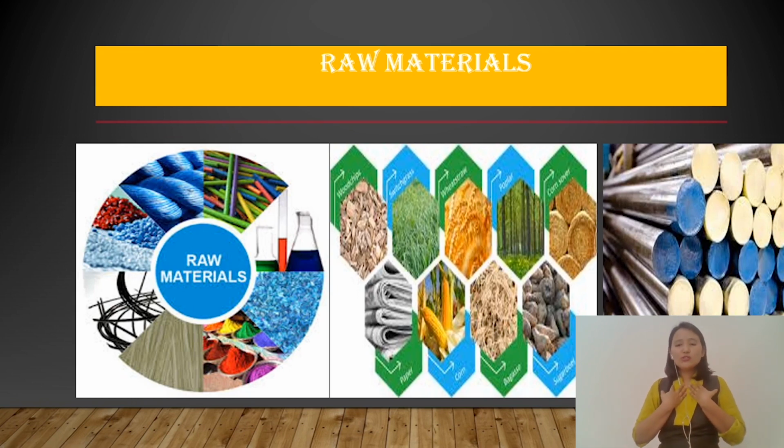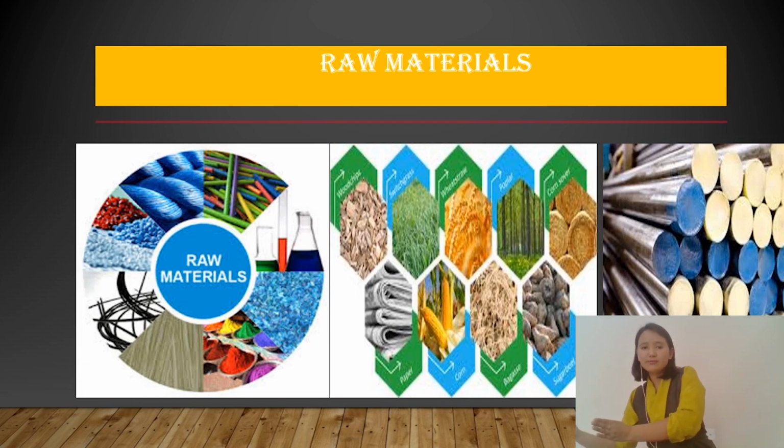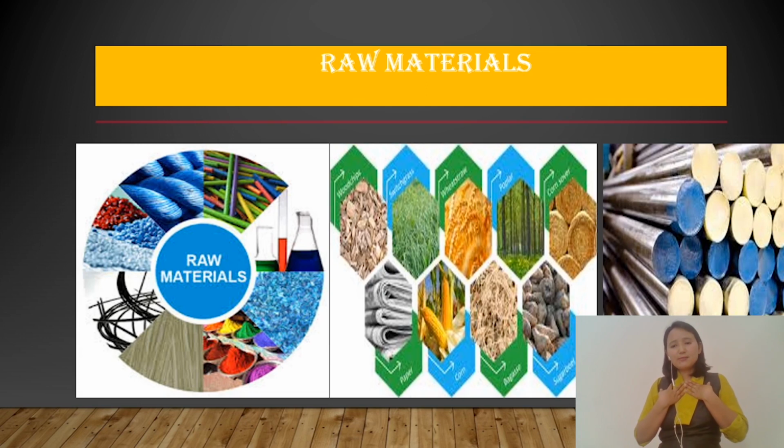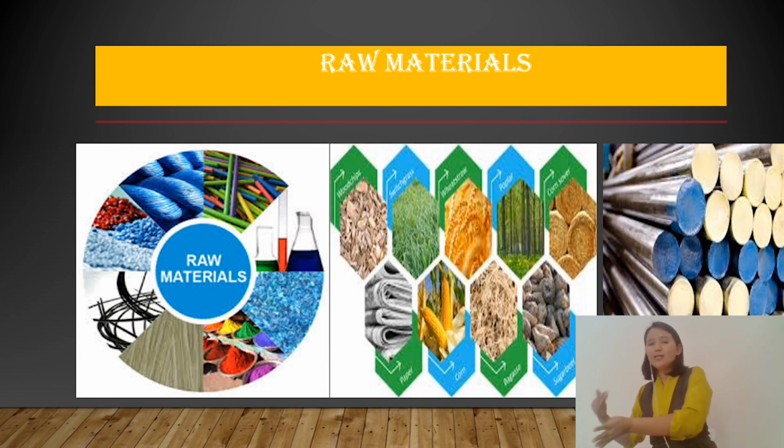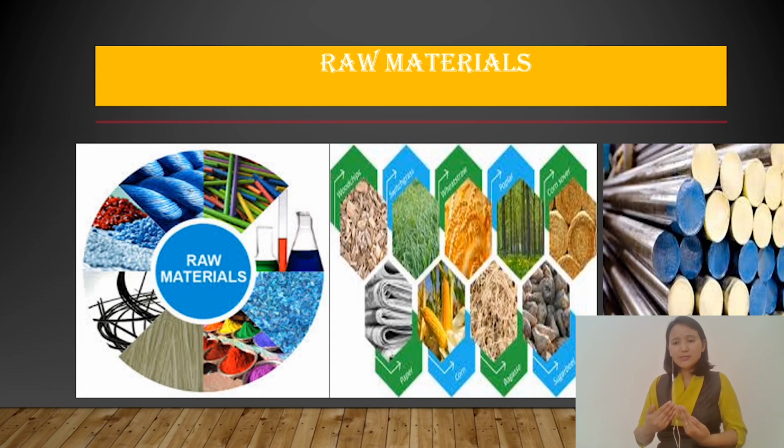Suppose I want to set up a cloth industry, then my industry should be set up near the cotton farm, right? Cotton farm. Suppose I want to set up an automobile industry, then my industry should be set up near the minerals, because I'm going to use minerals as a raw material to make an automobile, right? Okay.